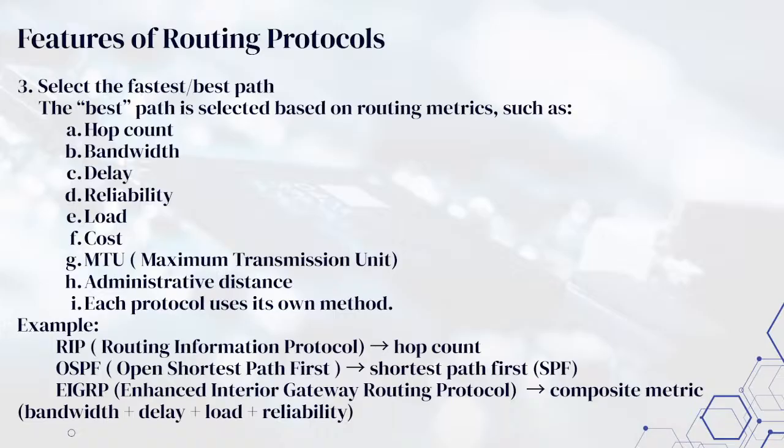The major protocols we use for these purposes are RIP, that is Routing Information Protocol, which gives importance to hop count. Second is Open Shortest Path First, that is shortest path first, SPF. Then EIGRP, Enhanced Interior Gateway Routing Protocol, which uses a composite metric of bandwidth plus delay plus load plus reliability.